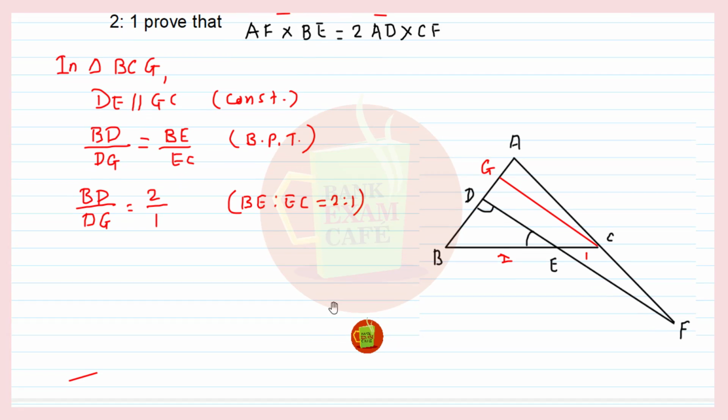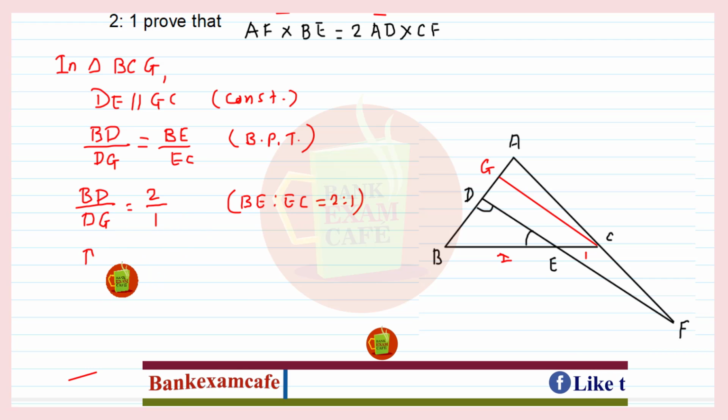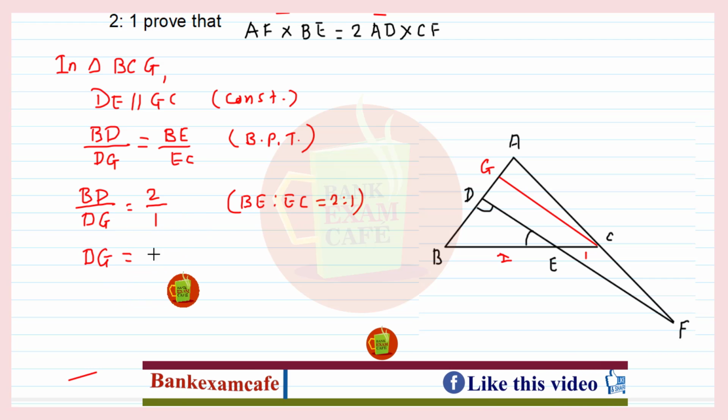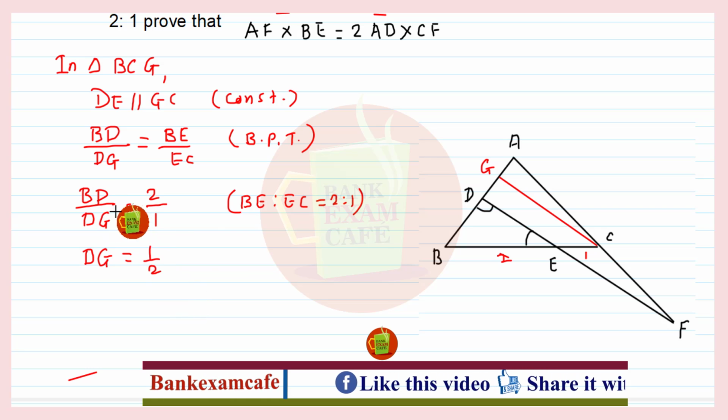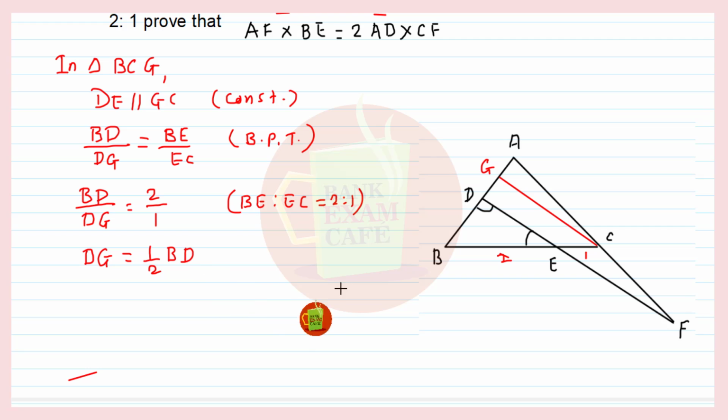And now this we can solve further. If you take DG to this side, you will get DG equal to half of BD, correct? So we have got DG is half of BD.